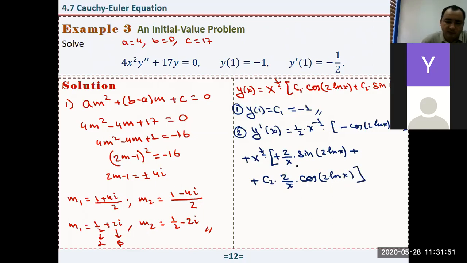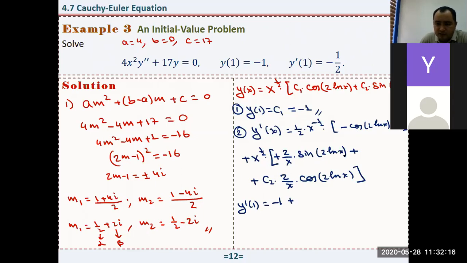Okay. Now from here, y prime of 1. What is this? This thing is equal to 1, and also this thing is equal to 1. And here we have sine, and because the natural logarithm of 1 is equal to 0, it is 0, and this thing is equal to negative 1. So here we have negative 1, plus the second part is equal to 0.